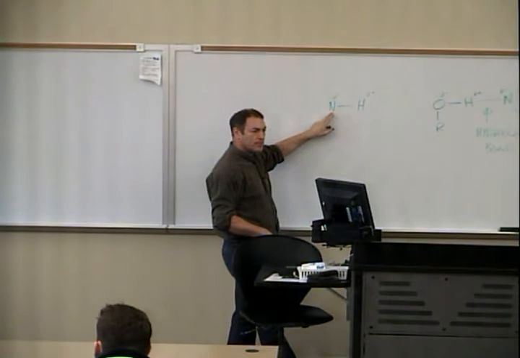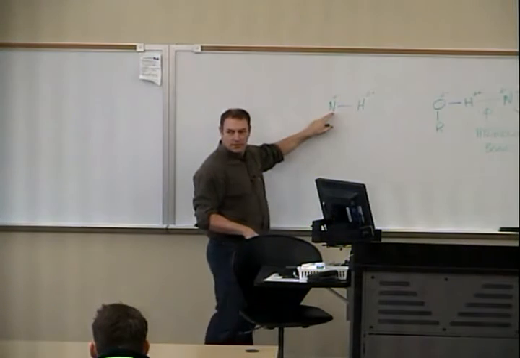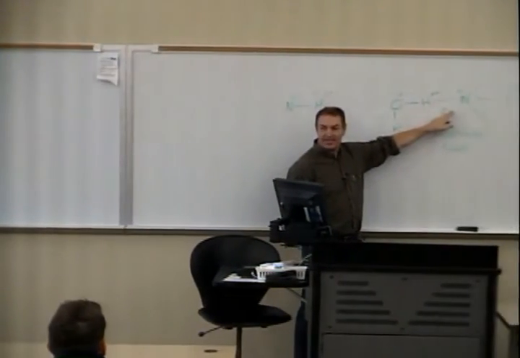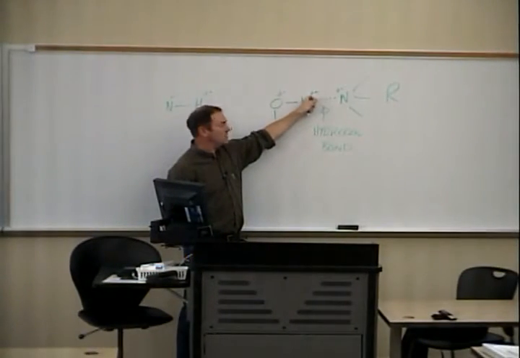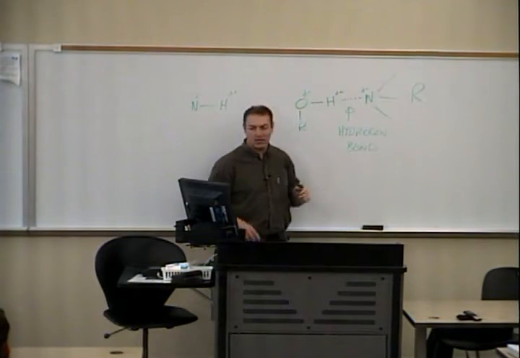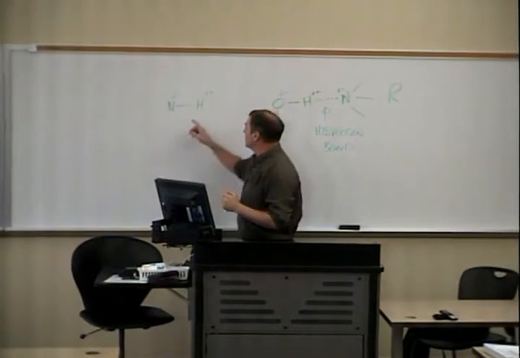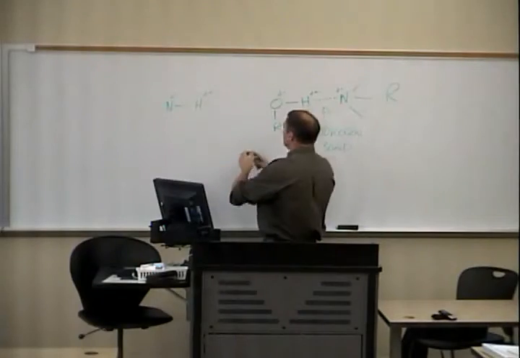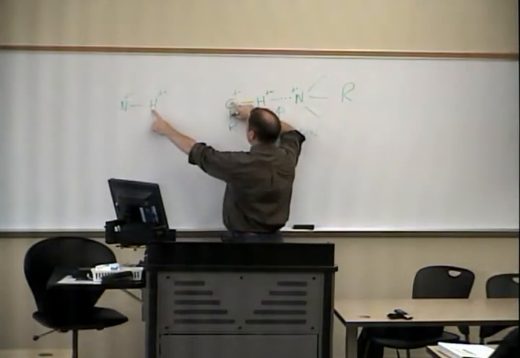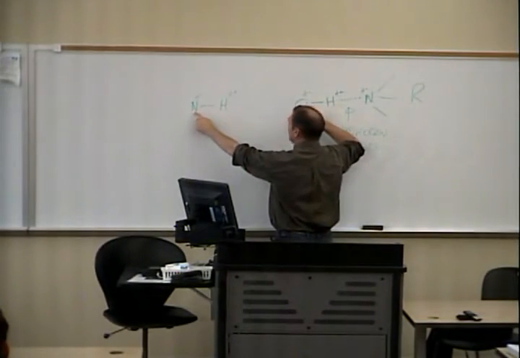Good? No? Wait, so when does the hydrogen bond come in? This is the hydrogen bond. It's the attraction between this positively charged side of the molecule and this negatively charged side of the molecule. And what's the difference between the other covalent bond? Here we got hydrogen, here we got hydrogen. In this case, it's bonded to oxygen. In this case, it's bonded to nitrogen. Both nitrogen and oxygen are highly electronegative.